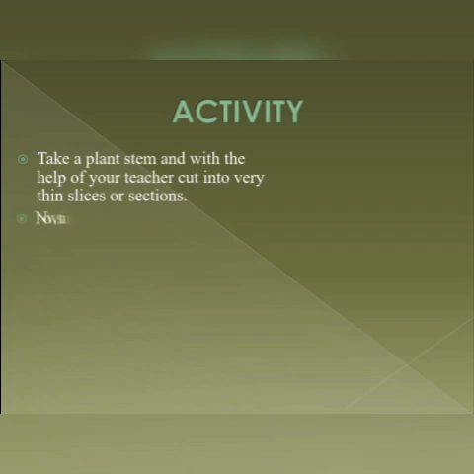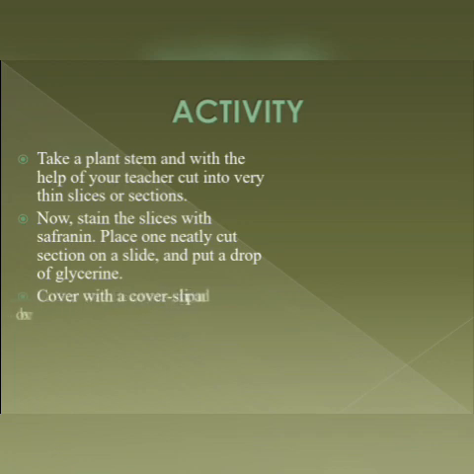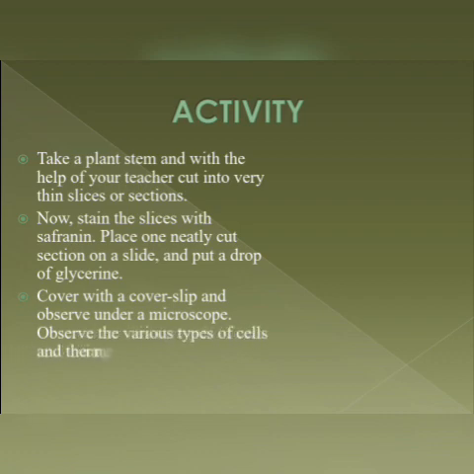Then we have to stain the slide with safranin and place one neatly cut section on a slide and then put a drop of glycerin. Finally, we will cover with a cover slip and observe the specimen under a microscope.